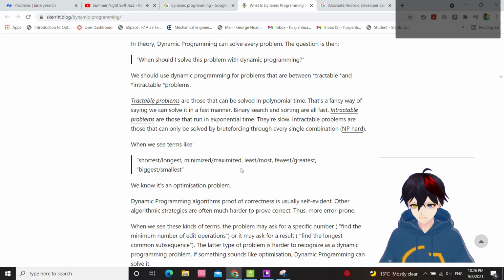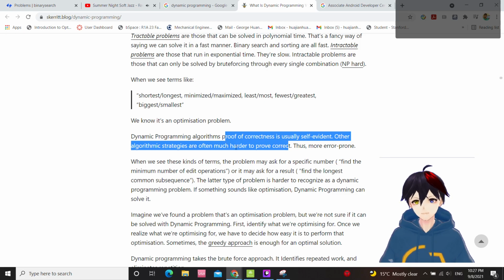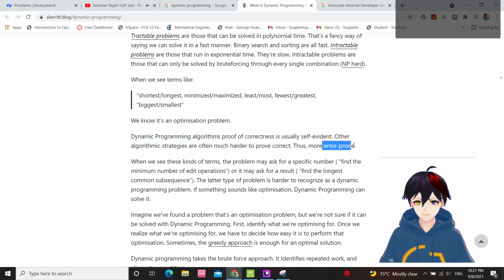Shortest, longest. Okay, extreme or clues, I guess. Cues for trying dynamic programming. Yourself and another algorithm are often much harder to prove correct. That's harder to prove correct, but they're not. Well, I guess that makes them more error prone.